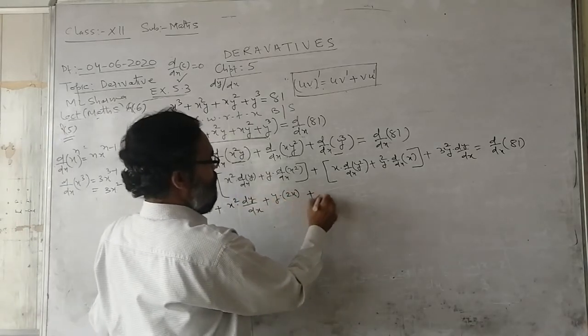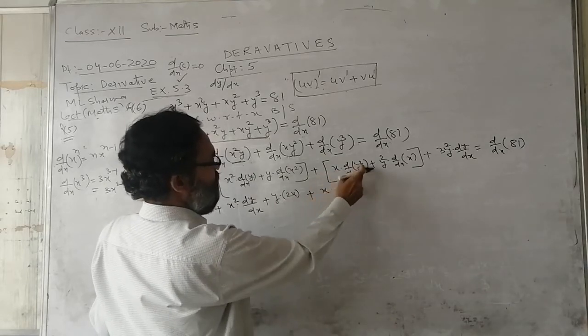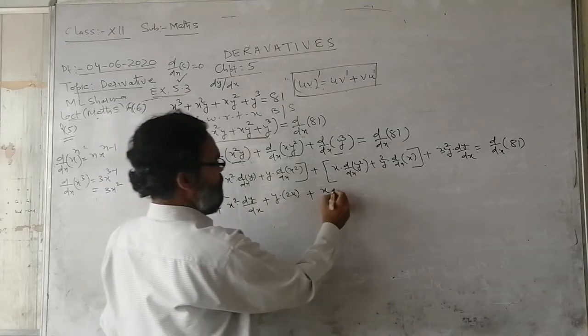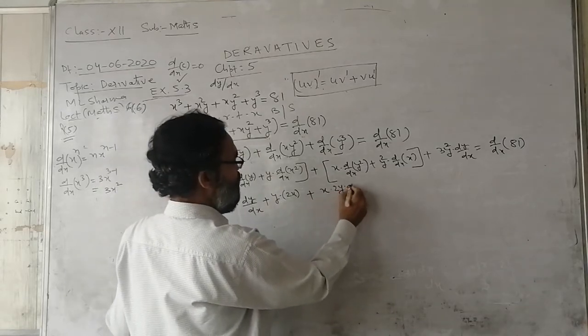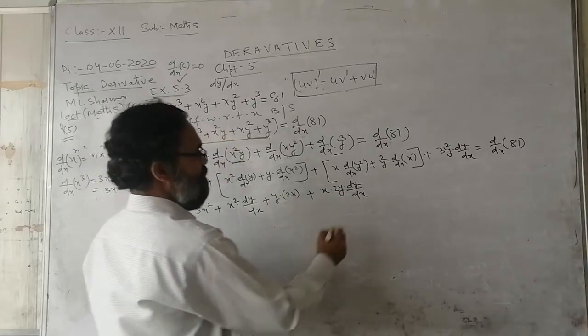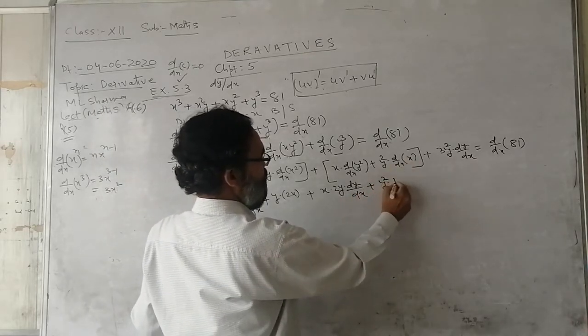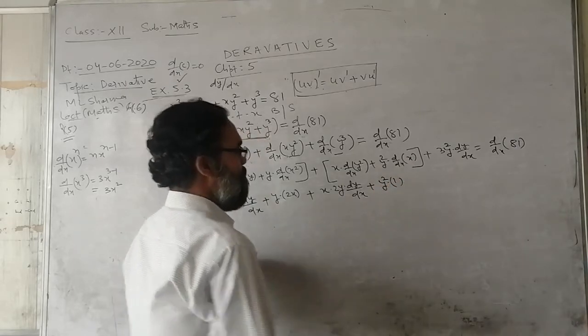Then here x into derivative of y square, it will be 2y into dy upon dx. Then y square, its derivative will be 1.